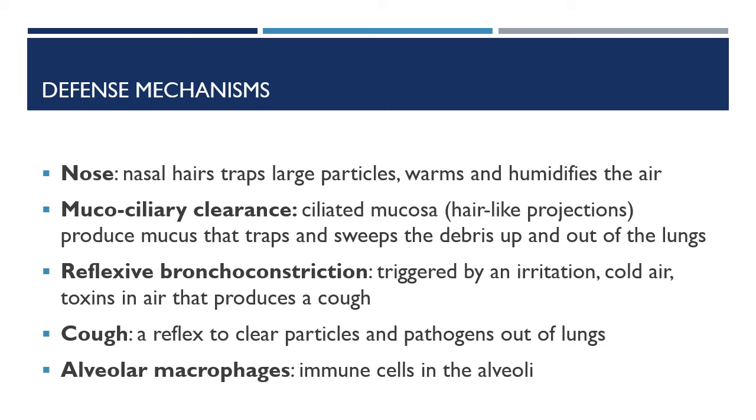And finally, there's alveolar macrophages. So if you remember from immunology or from pathophysiology last semester, you have macrophages all over your body, in your skin, in your liver, in your spleen, in your lungs. And what do they do?